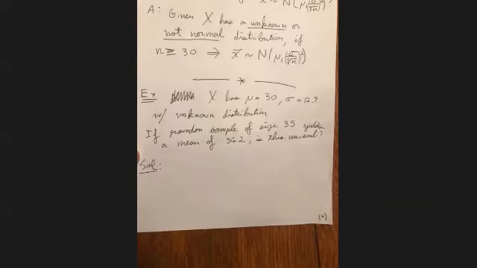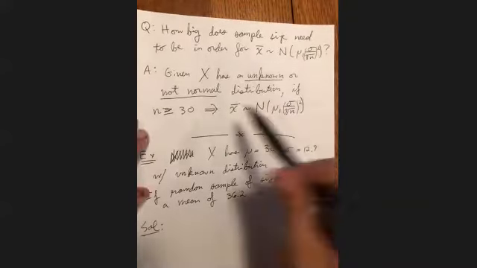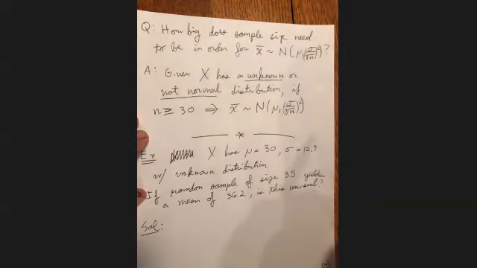So the next question is, how big is big enough? How big does the sample size need to be in order for the X-bar distribution to be approximately normal?